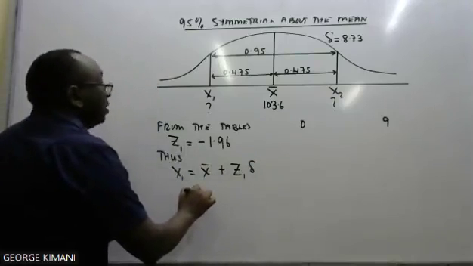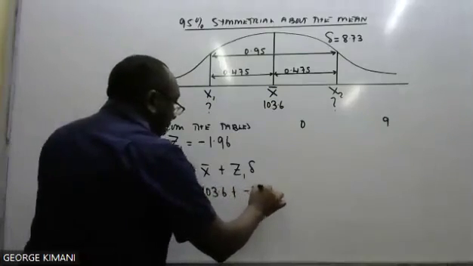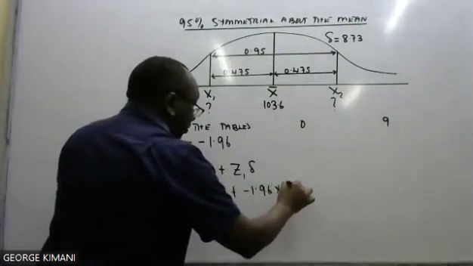So this is going to be 103.6 plus minus 1.96 times 8.73.